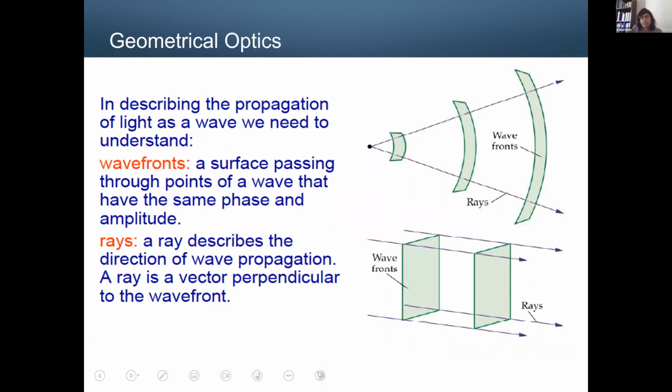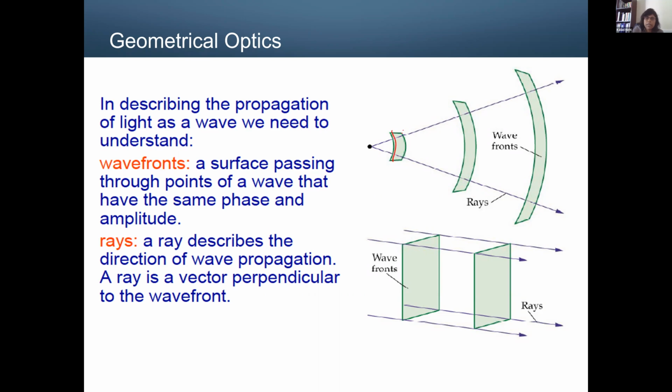So now geometrical optics will basically just show you the light as a ray. We're going to represent light by using rays that describe the direction of wave propagation. And there is another thing that we call wave fronts. Wave fronts are the surfaces passing through the points of the wave that have the same phase and amplitude.